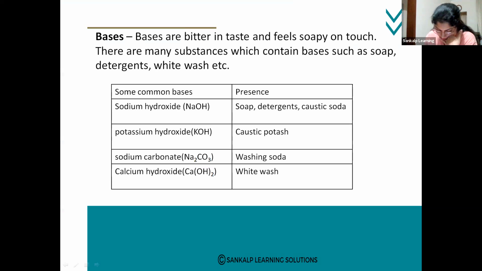I think for today this much is over. In today's class we have studied what are acids, what is a base, what is salt. Then we studied about indicators, just what they are.